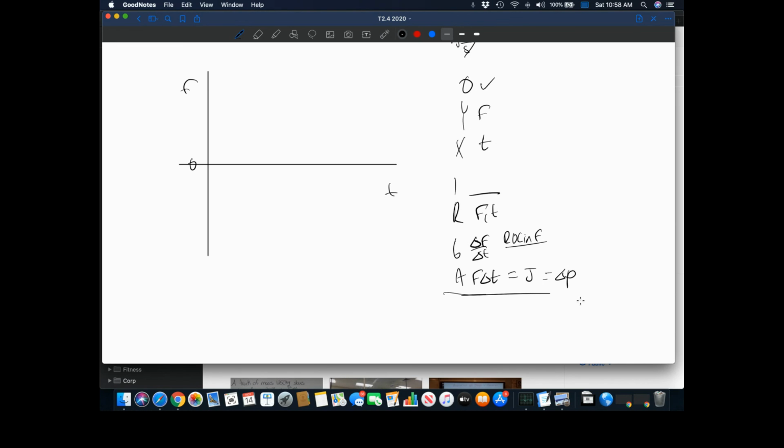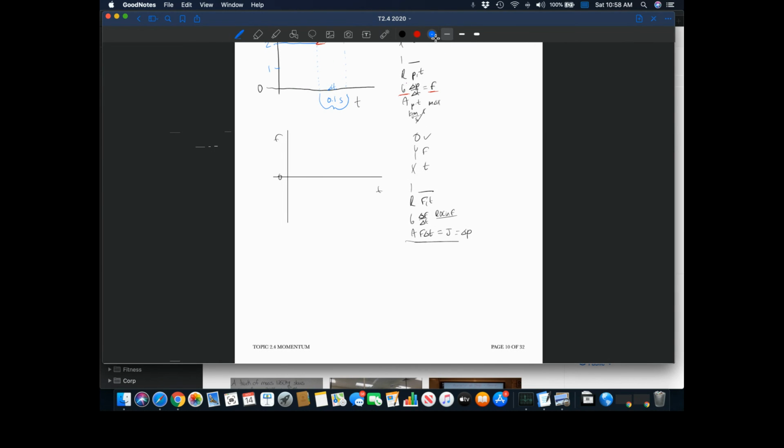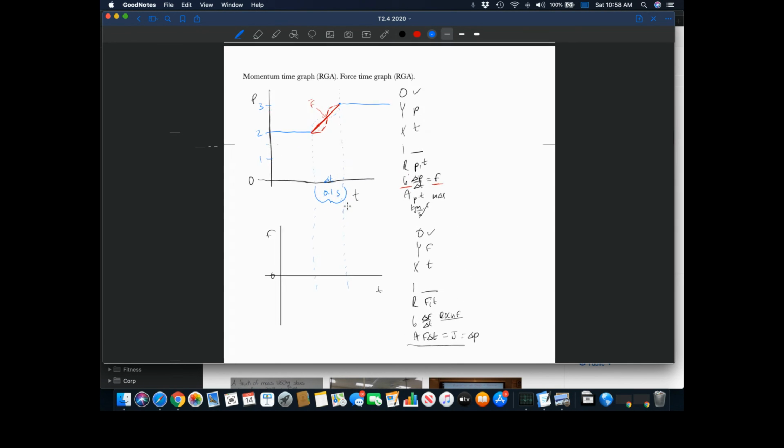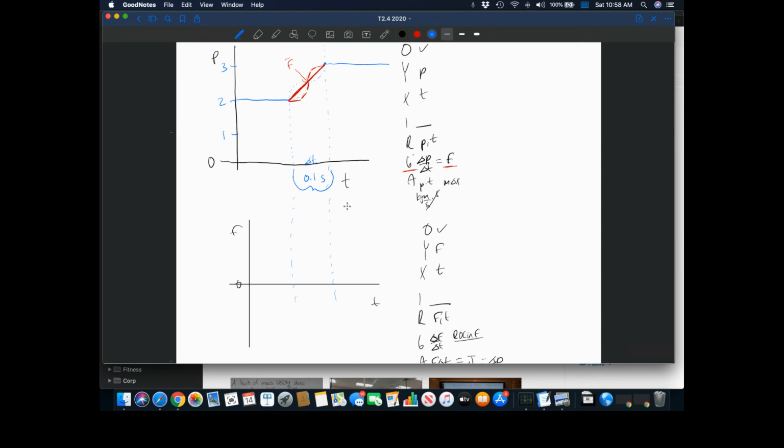So we have a force that is not applied until after a period of time has occurred. I'm just bringing these timelines down here so we can see how that connects to the momentum time graph. There is no force being applied on the cart. The cart's just moving, so there's a zero force up until the hand comes into play. And then there is a force, which we said was constant based on the graph above.